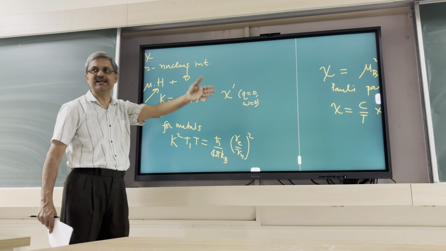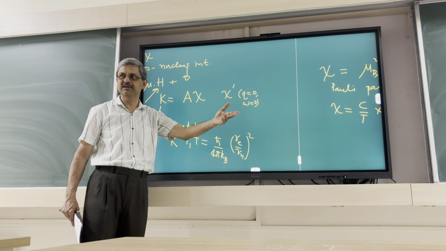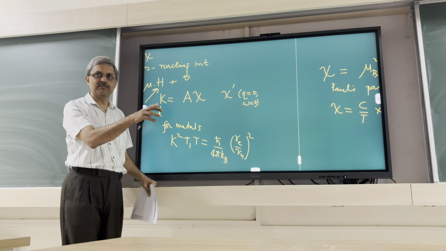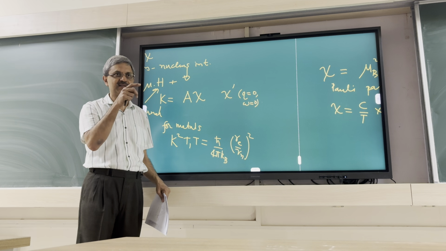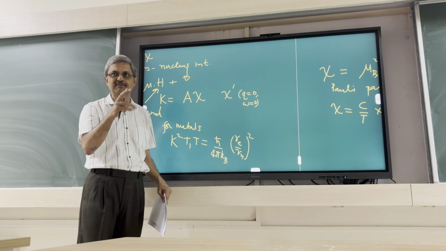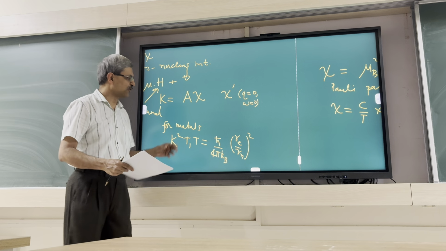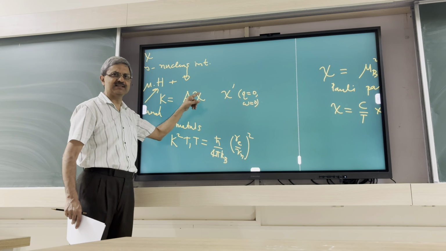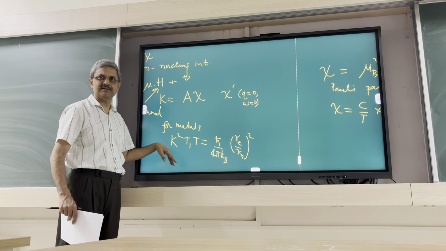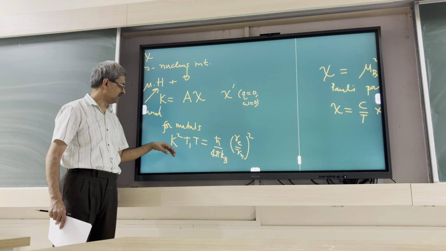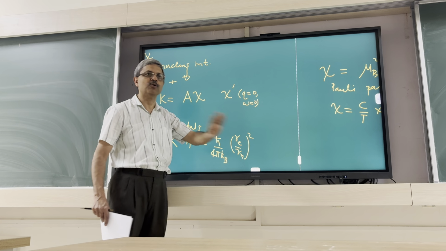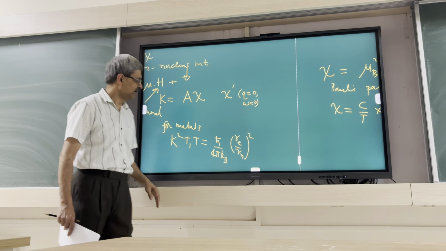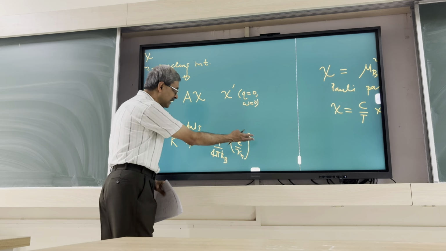That also contains the hyperfine coupling squared, because by Fermi's golden rule the transition rate goes as the square of the matrix element. K squared also contains the square, so that part cancels. So this just contains fundamental constants, no hyperfine coupling, and you can calculate a number.